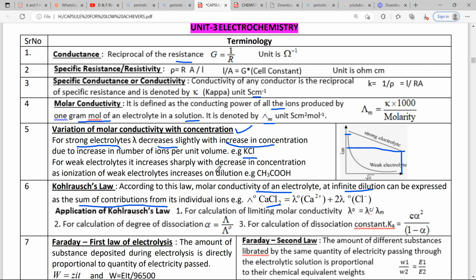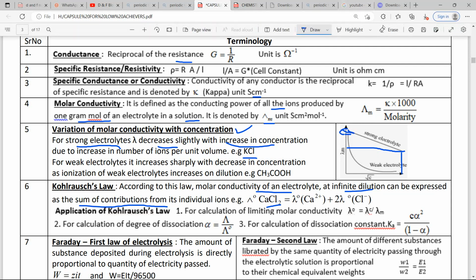For strong electrolyte, we can extrapolate the curve and find out the limiting molar conductivity. If we extrapolate this, the curve will touch the conductivity axis and we can find out the maximum limiting molar conductivity in the case of strong electrolyte. But look at the weak electrolyte. Let me show it clearly. Now look at the weak electrolyte here.